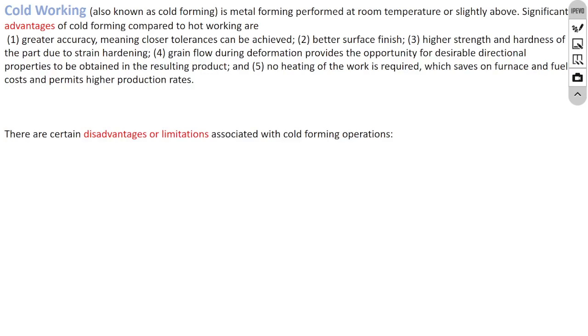Since there is no need to heat, we can keep the manufacturing cost at a smaller level. Hot working requires thermal energy, burning a certain fluid or using electricity to increase the temperature, but such a stage is not free of charge. It's an expensive stage. So cold working is cheaper.